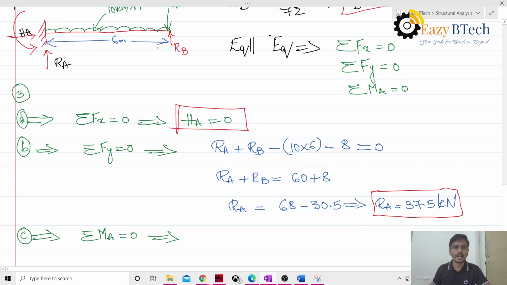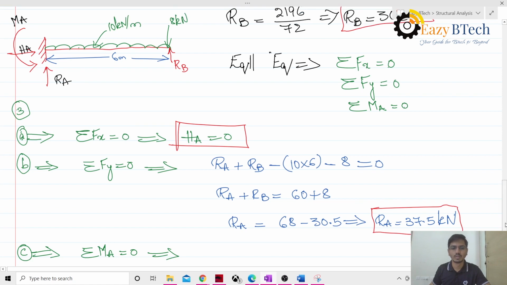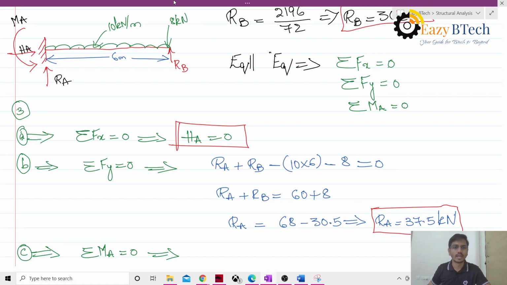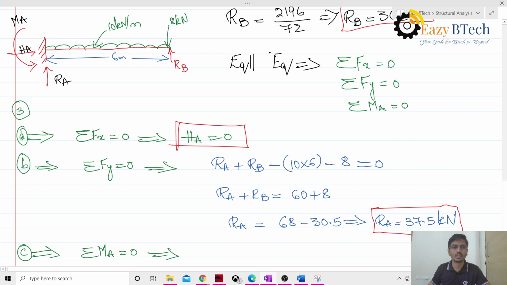If you consider any point throughout the beam, the moment is nothing but load into distance, and the summation of all the moments at that point should give 0. Okay, let us take the moment at point A here, since we need to find the reaction here.